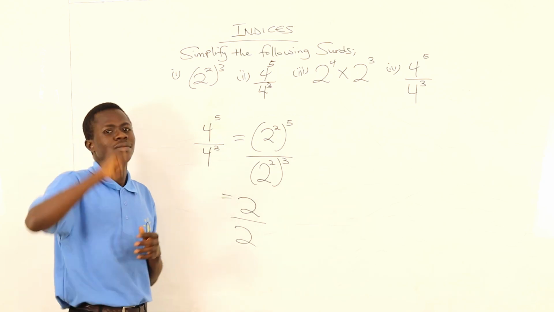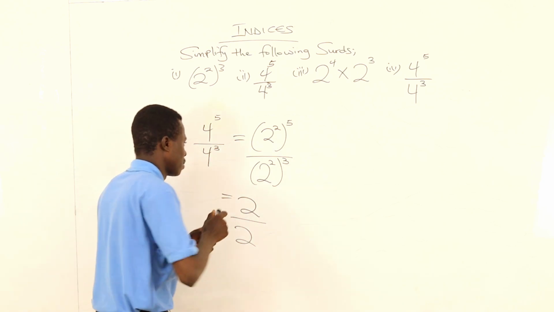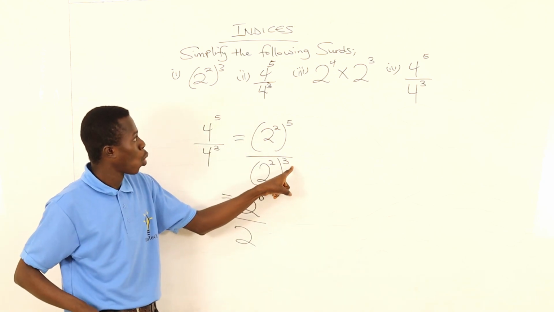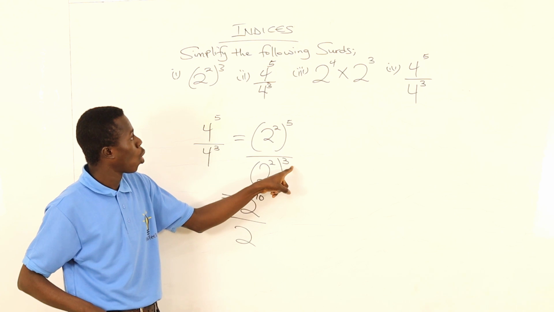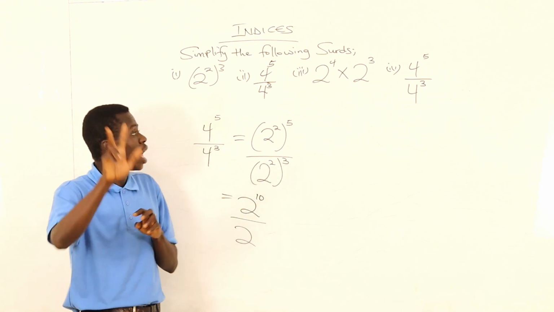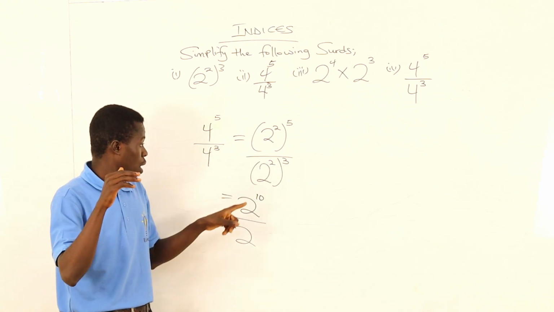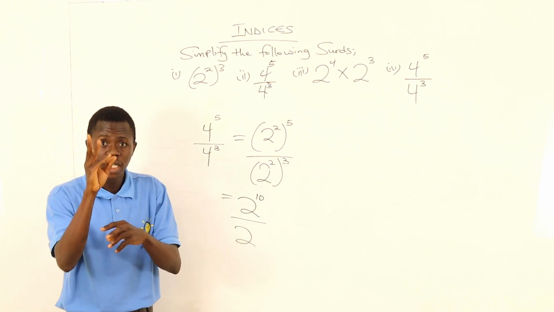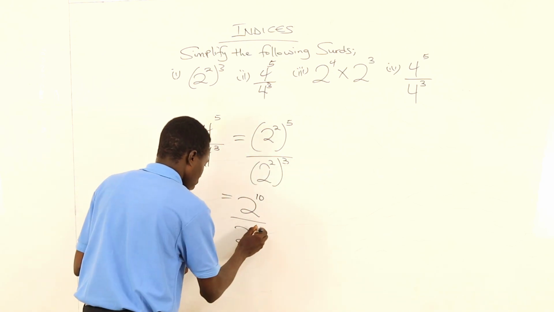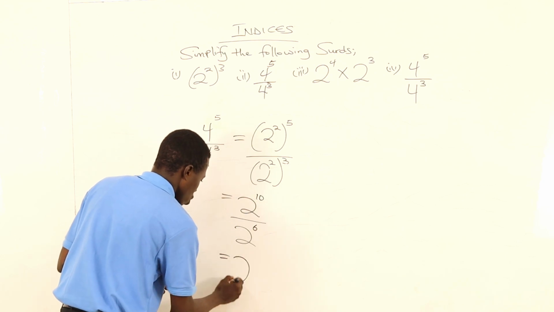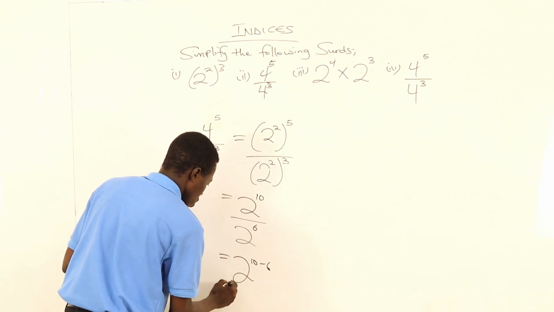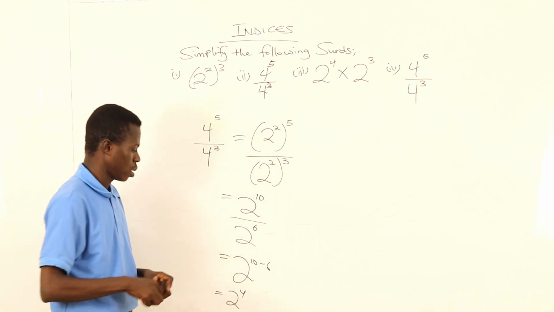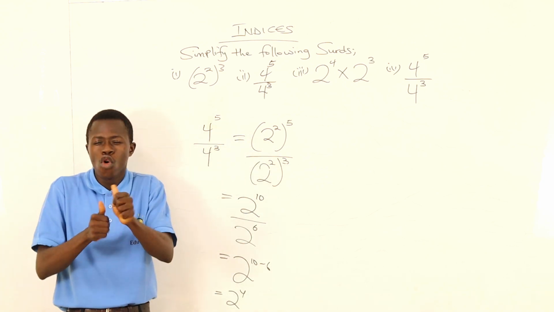When 2 multiplies 5, the answer we get is 10. And then when 2 multiplies 3, the answer we get is 6. So we can end up having 2 raised to the power 10 minus 6. And then our final answer is 2 raised to the power 4.